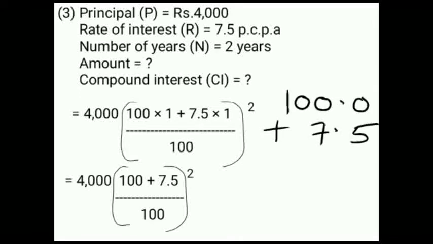If you have the decimal point in the next number and the first number doesn't have the decimal point, you have to take 0.0. Before the decimal point, this is unit place, this is tens place, and this is hundreds place. After the decimal point, this is 1 upon tens place.